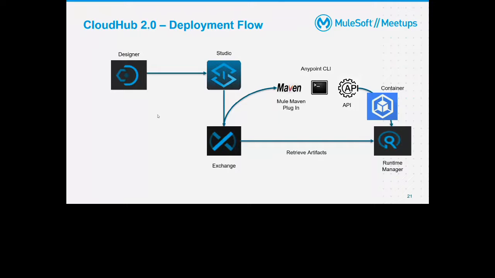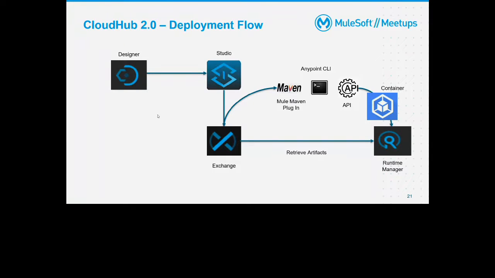So one note of caution, there are a few things you need to remember, because it happens in this way. Sometimes you can see that your application is not getting deployed on CloudHub 2.0, but the same application is easily getting deployed on CloudHub 1.0. There are a few reasons.